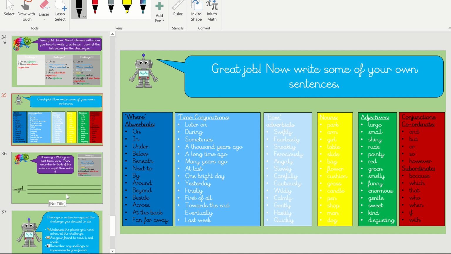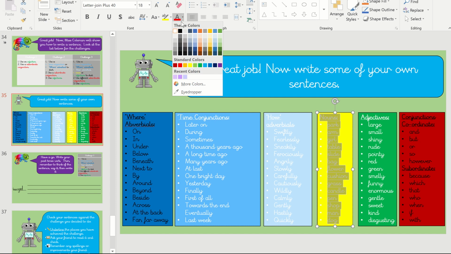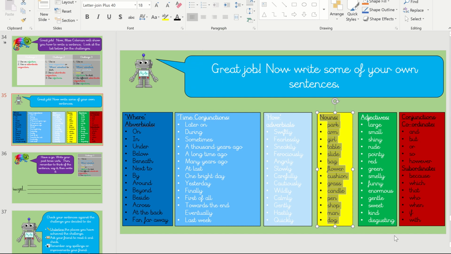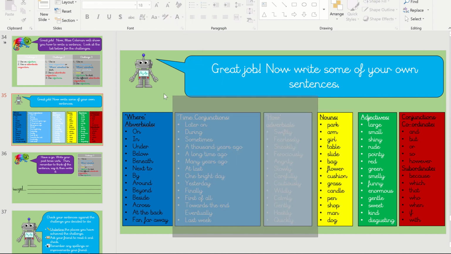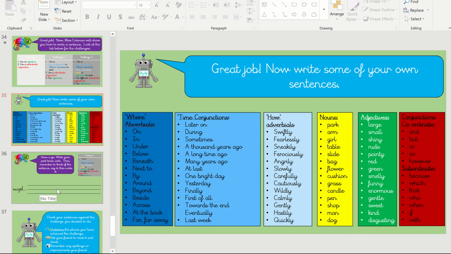Oh, I know what I'm going to put. I'm going to start with a noun today. This is quite dark to see, isn't it? Let's make all of these darker. That's better. Right, so I'm going to use a noun. I'm going to use the noun branches.